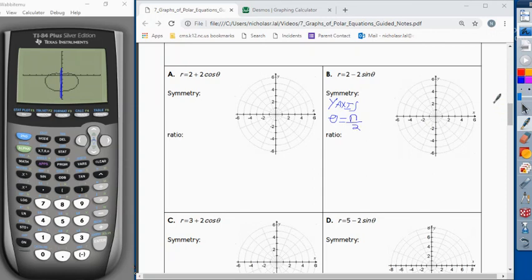Your ratio is going to be, once again, a over b is equal to 1. You have a negative sign, so it opens down. And a minus b is equal to 4. A plus b equals 0. And a is equal to 2.